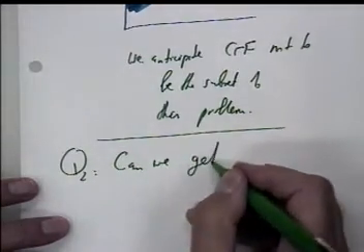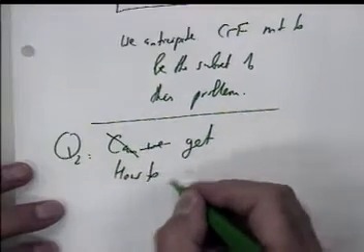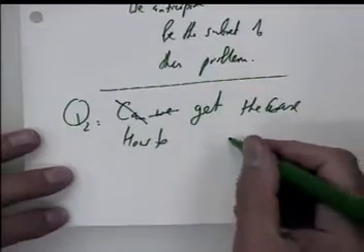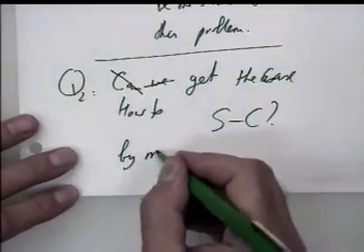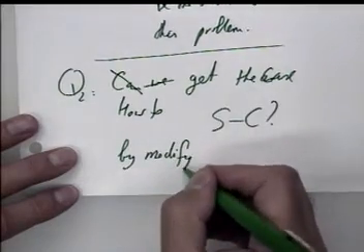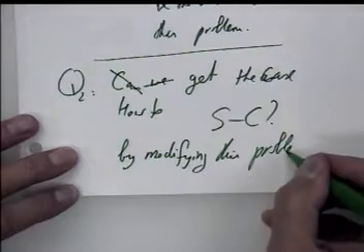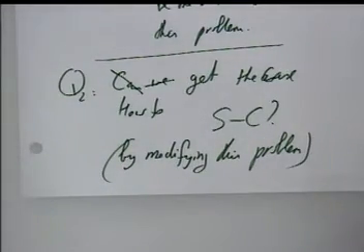Can we get, or how to get, the case simply supported clamped by modifying this problem? Can you modify this problem and get a simply supported clamped case?